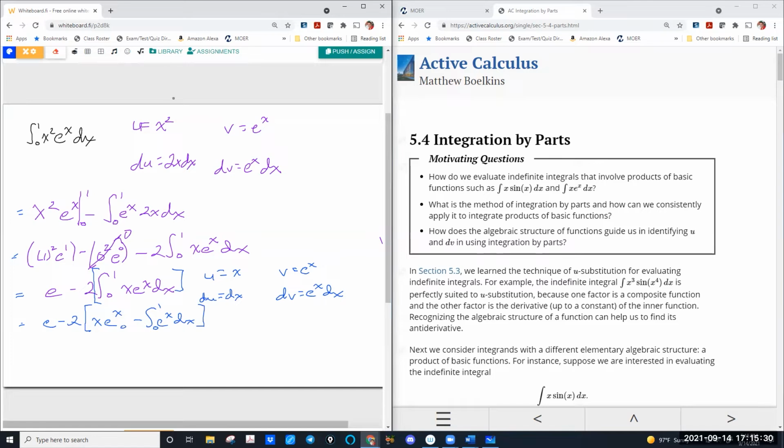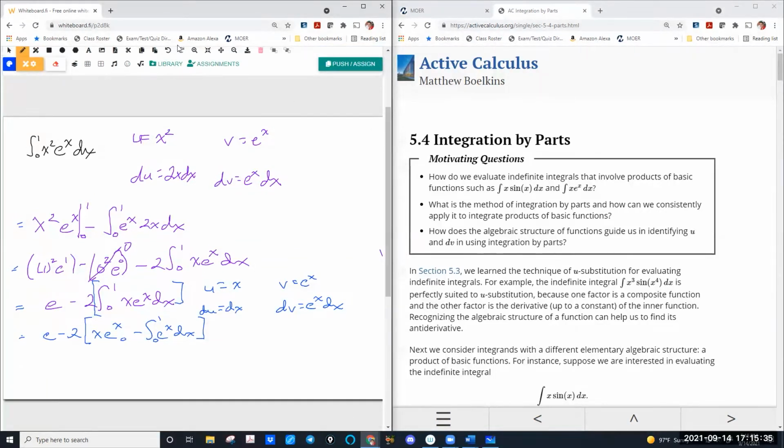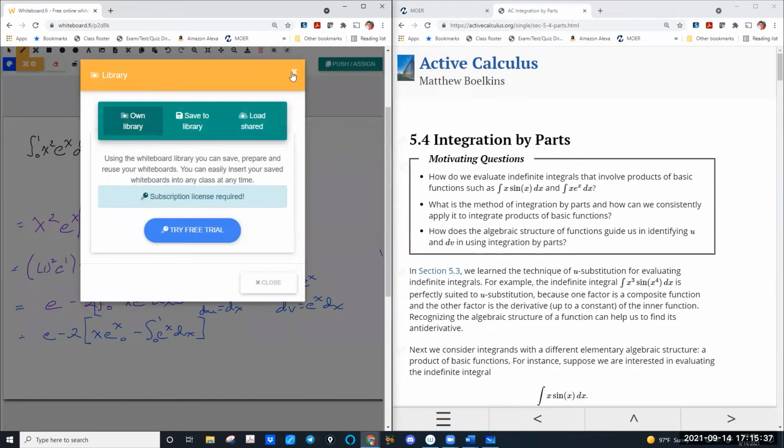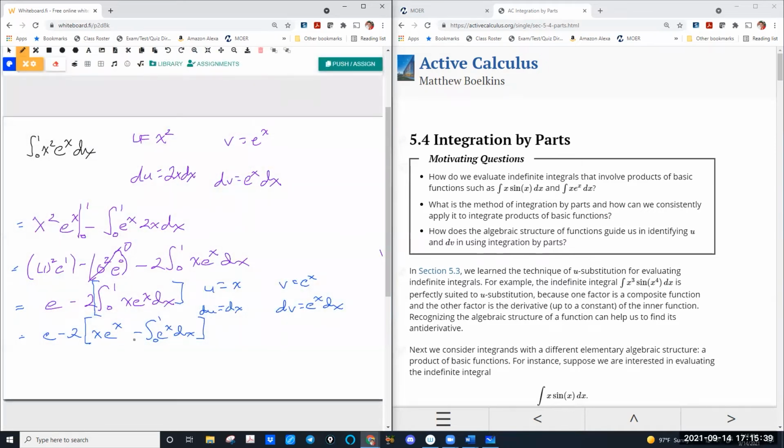Oops, let's put the line in there first. From 0 to 1. Now again, we can do this part now. This we got a basic antiderivative. But we really need to be careful with our bookkeeping.